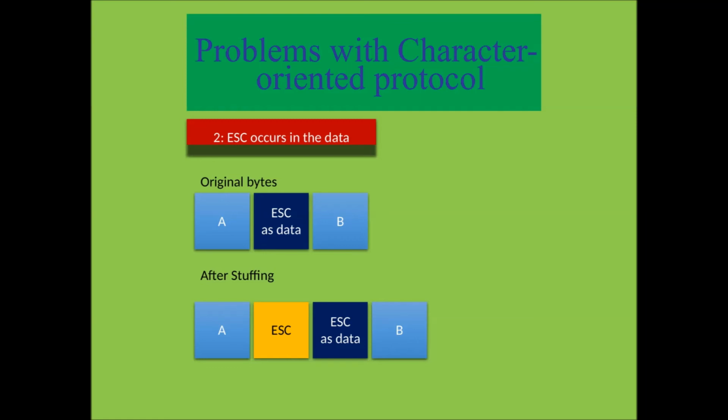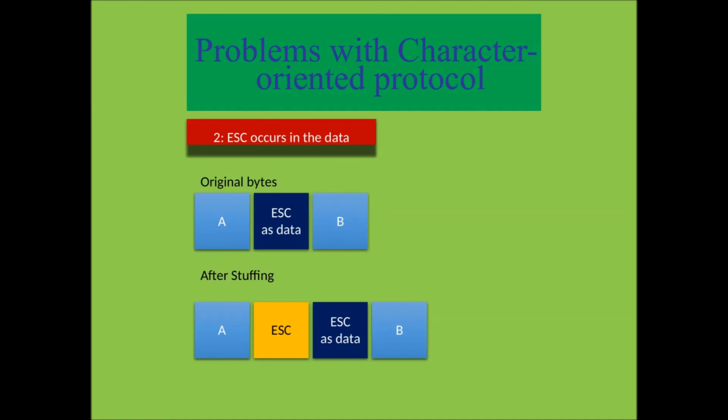Problem with character oriented protocol: although we have discussed that if the original byte and flag are the same, we will add a special byte, which is escape as data. Here you can see there are two original bytes A and B, and we have inserted escape as data.